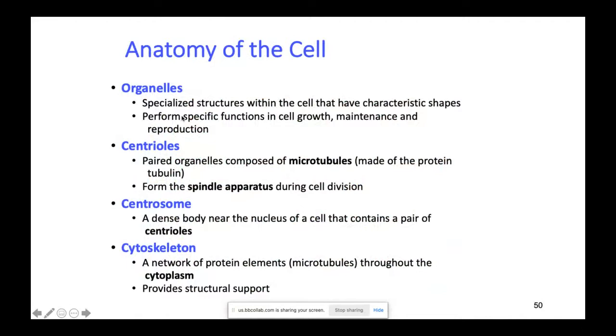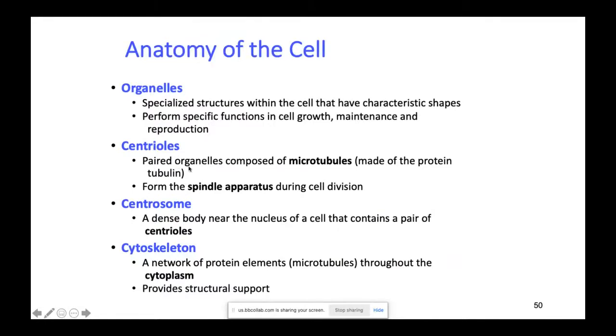So remember, the organelles just sound like small organs. These are specialized structures within a cell, and they have certain shapes and structure, which will then dictate its function. Some are involved with cell growth, some with cell maintenance, and others with reproduction.